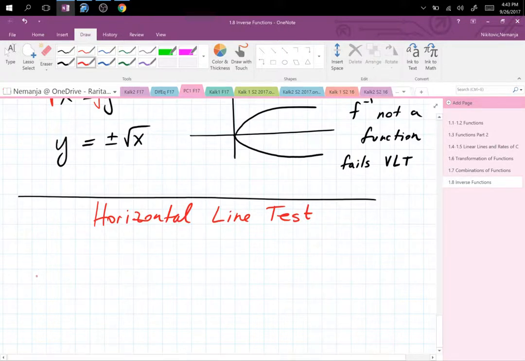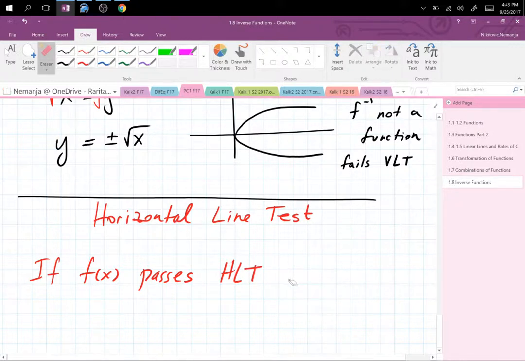So, if f of x passes horizontal line test, f inverse is a function.